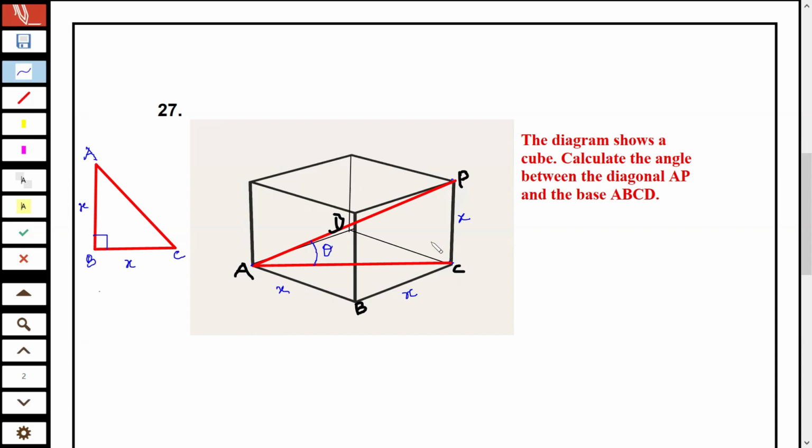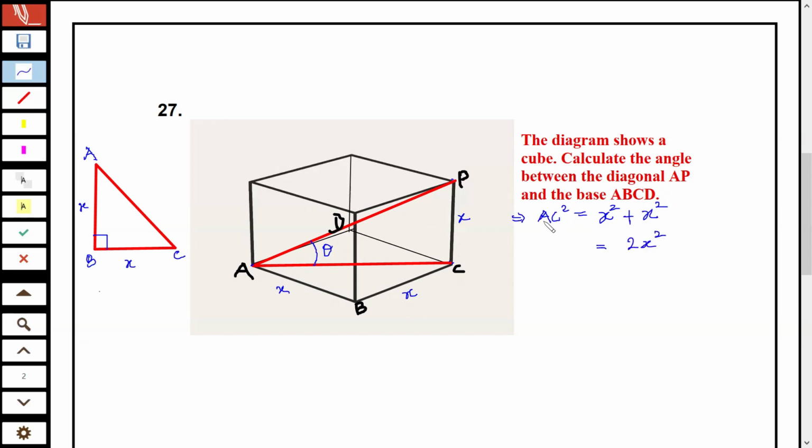Pythagoras theorem states that the square of the hypotenuse is equal to the sum of the squares of the other two sides. So AC squared is equal to x squared plus x squared, which equals 2x squared.